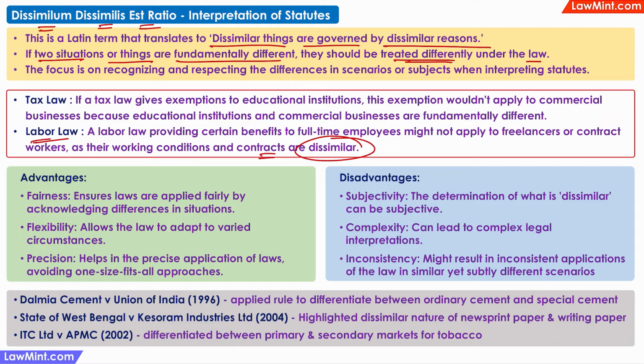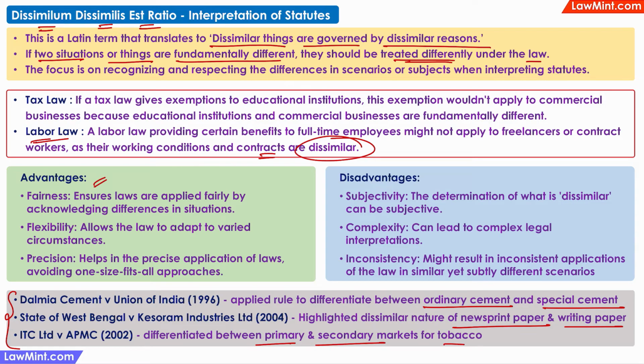So the interpretation of a law should also be different in the context of these different types of employees. In some example landmark cases, the courts have used this rule to differentiate between ordinary cement and special cements, between newsprint paper and writing paper, and between primary and secondary markets for tobacco.